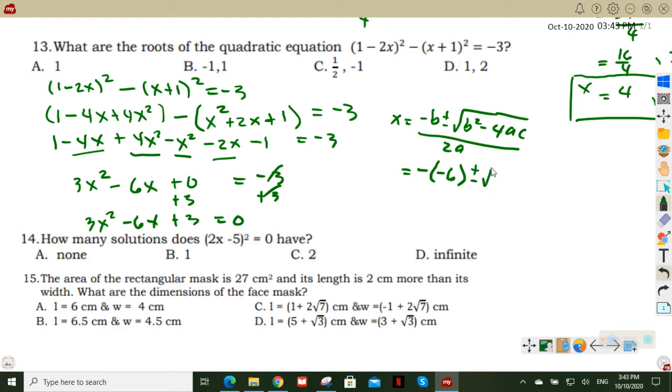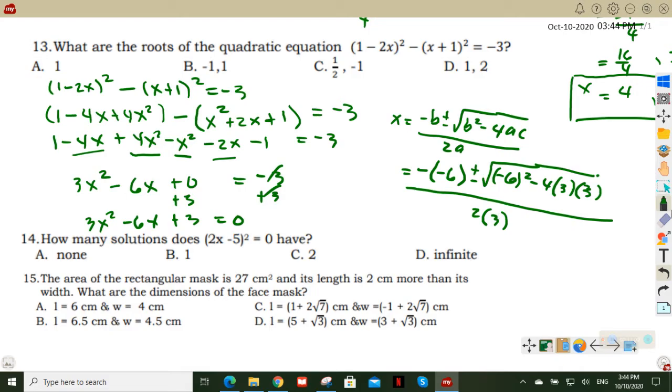Plus minus, the b is negative 6, so negative 6 squared minus 4, this is 6, times the a is 3. The c is 3, all over 2 times what's the a? 3.